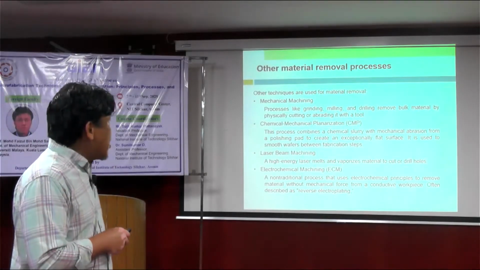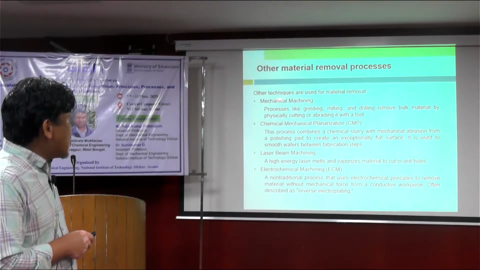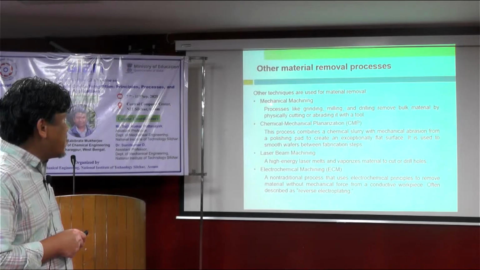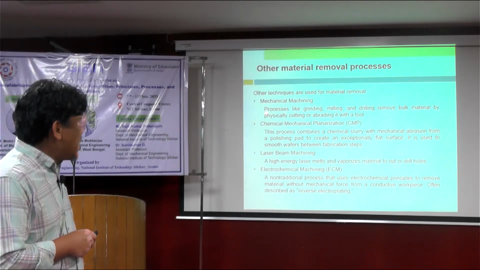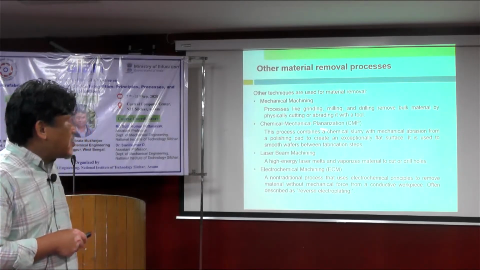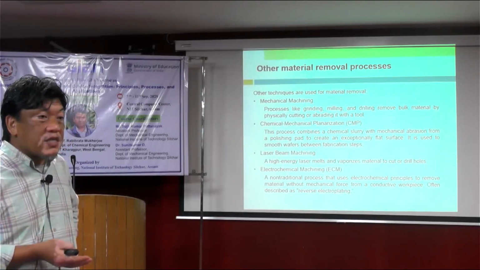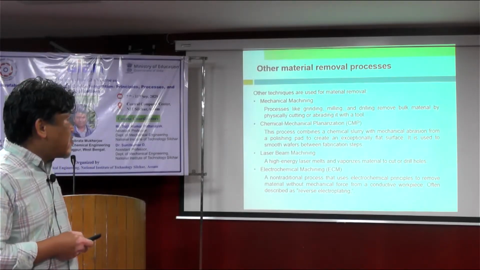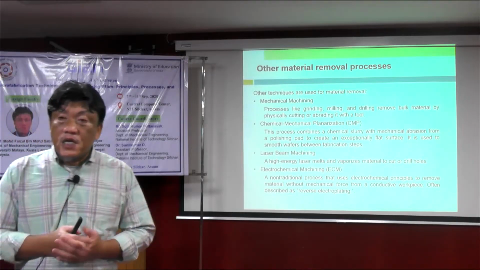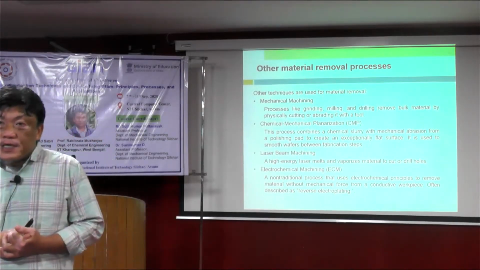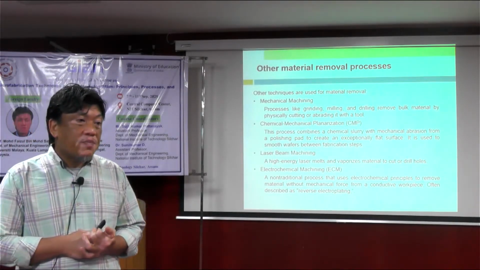So other material removal process techniques: mechanical machining. To a certain extent, we can still use machining for some bulk processes. Let's say dicing. We need to dice the wafer after the completion of the process.